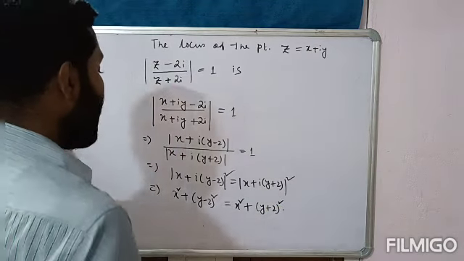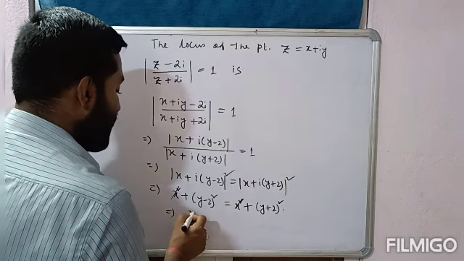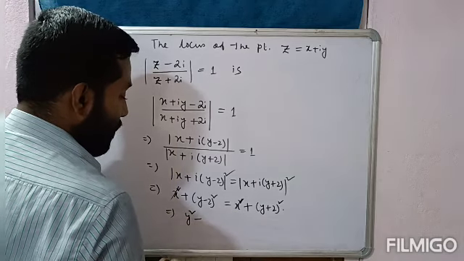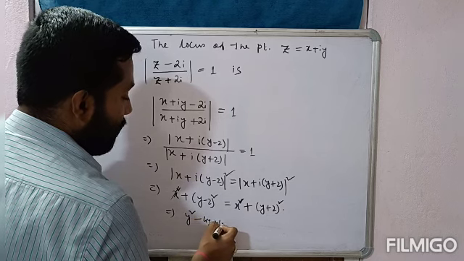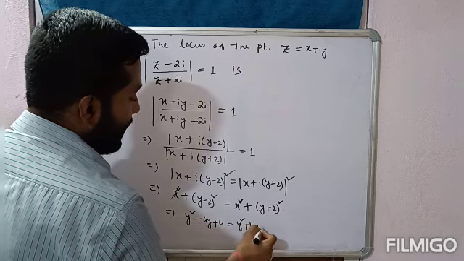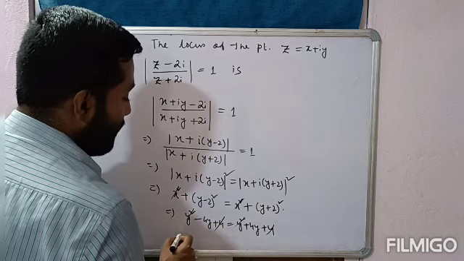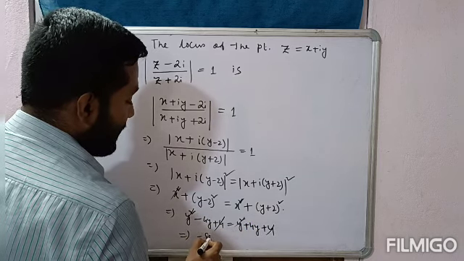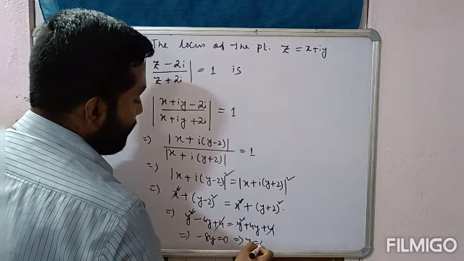So यहाँ से हम लोग x square को एलिमिनेट कर सकते हैं. So (y minus 2) whole square can be written as y square minus 4y plus 4. This is equal to y square plus 4y plus 4. So 4 will be cancelled. Even we can eliminate y square also. So minus 8y is equal to 0. That means we can write y is equal to 0.